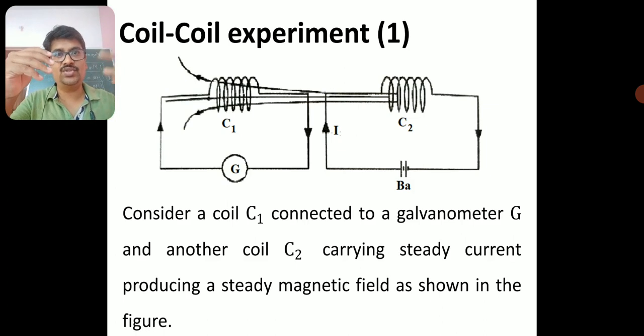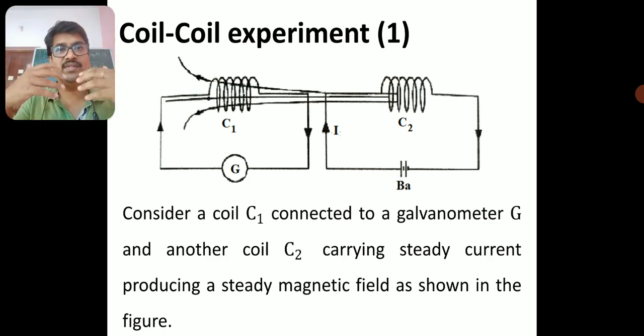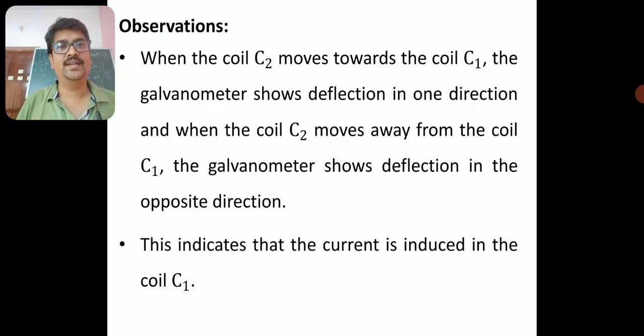When current flows through the coil, as you know, it is a magnet. With the magnetic effect of electric current, it produces a magnetic field around it. So coil C2 is producing a magnetic flux.